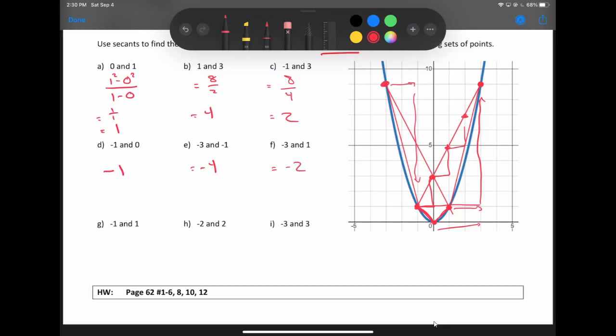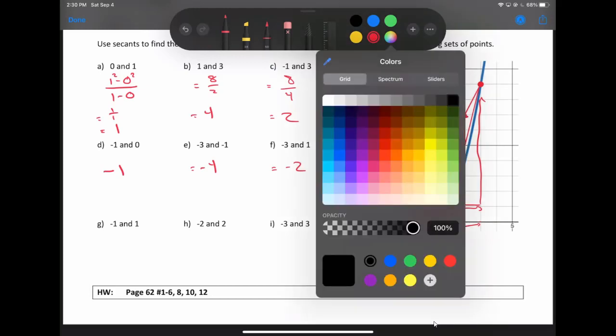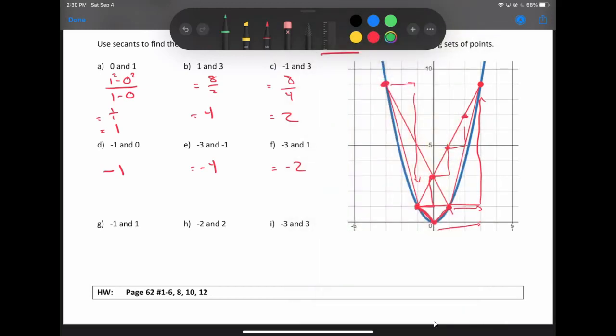I'm just going to point out here that I chose these numbers in particular. There's definitely some symmetry going on in a parabola. The slopes on the left-hand side are the exact opposite sign of the slopes on the right-hand side. Whatever the slope is going down on the left, it is the same thing going up on the right.